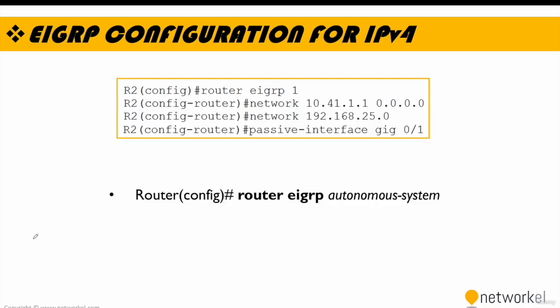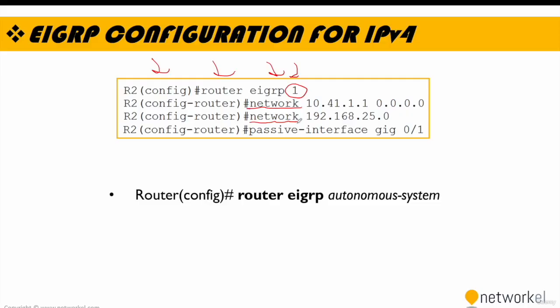So this is how an EIGRP configuration really looks like. In the config mode, I'm typing router eigrp and the autonomous system number, which is 1 in this case. And I have my network commands again, same as in OSPF. But this network statement does not really specify a network to advertise in EIGRP, guys.